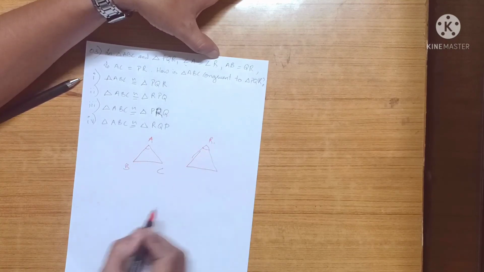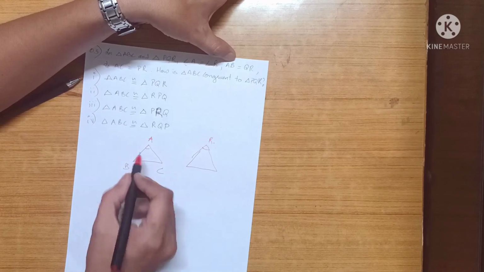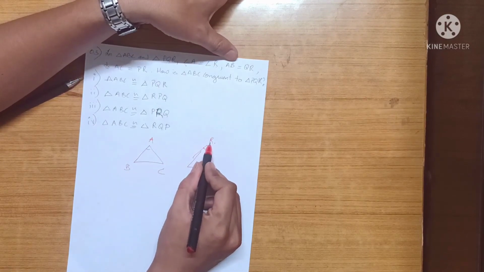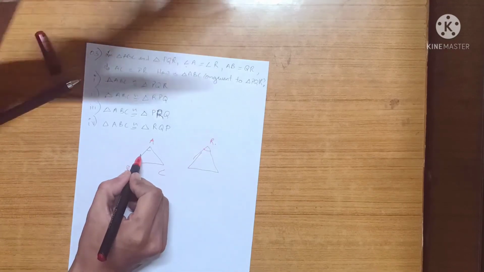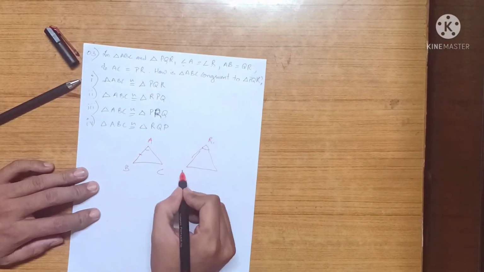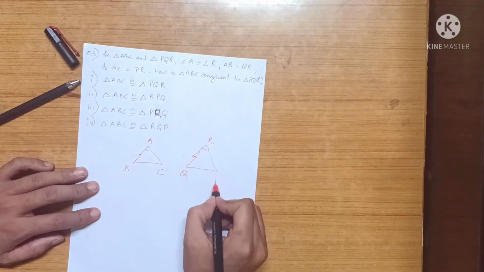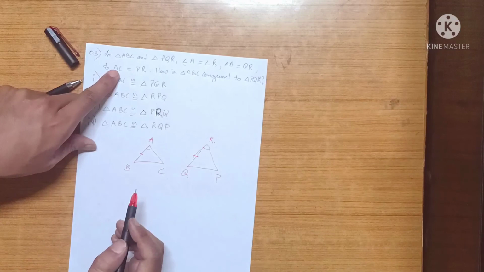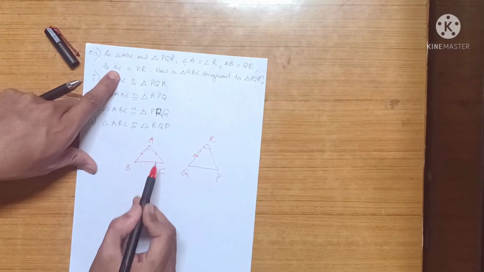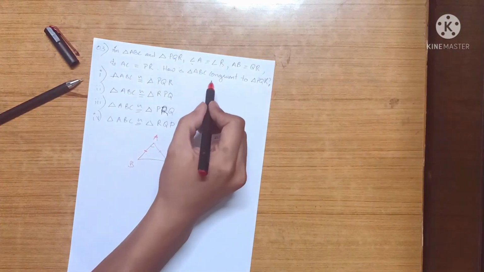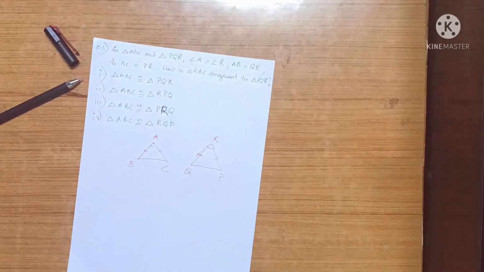AB is equal to QR. R is already here, so we need Q. AB is this side, so Q should be here, which leaves us with P. So P is here. AC will automatically match up. See, AC is equal to PR. Got it?